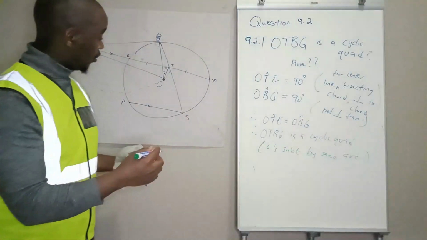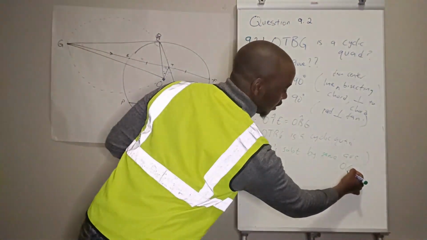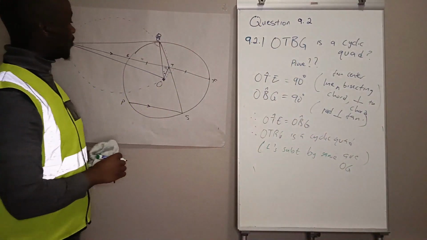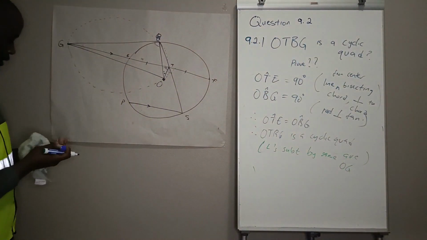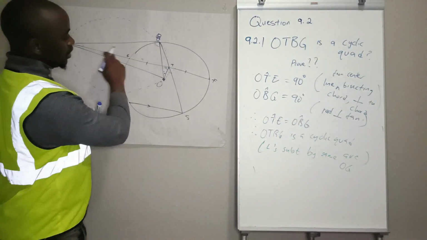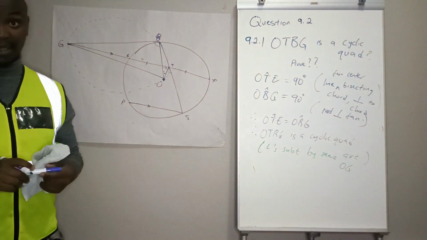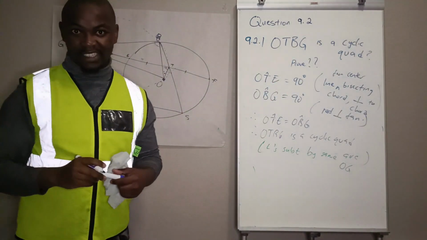So this is the arc OG, and you can specify that the arc I'm talking about is OG. So arc OG is subtending the angles OBG and OTP, and therefore those angles are equal, and that is our cyclic quad. So let's go to the next question.